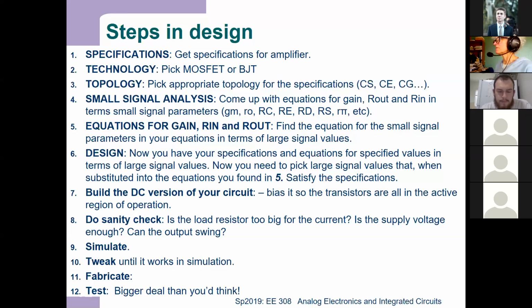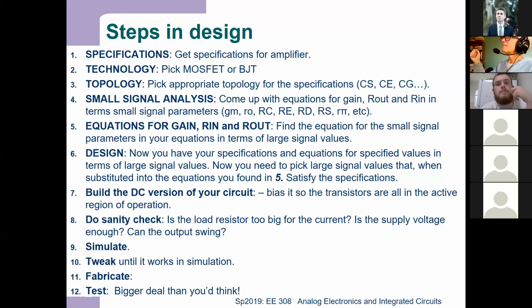So when you do small signal analysis, all you'd have to solve for is R in and gain, and you'd be done. And if you pick MOSFETs, what's the R in? Infinite. So you're done with R in. So really the only small signal analysis you have to do, if your boss gave you gain and R in for a MOSFET, is the gain equation. And you already know that. That's your minus gm, ro parallel with R.